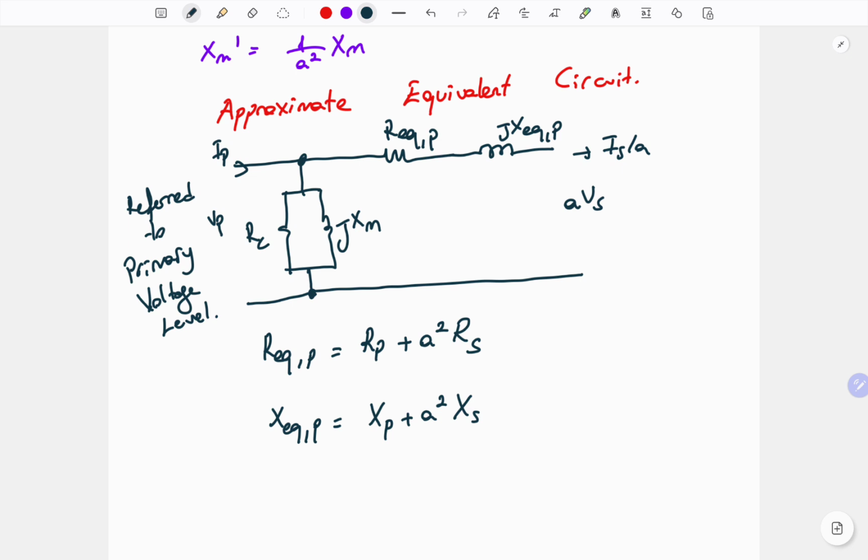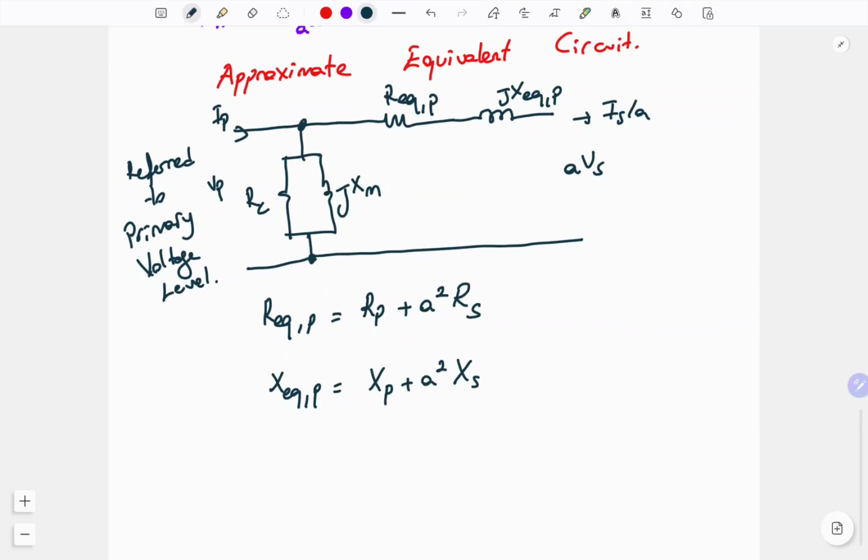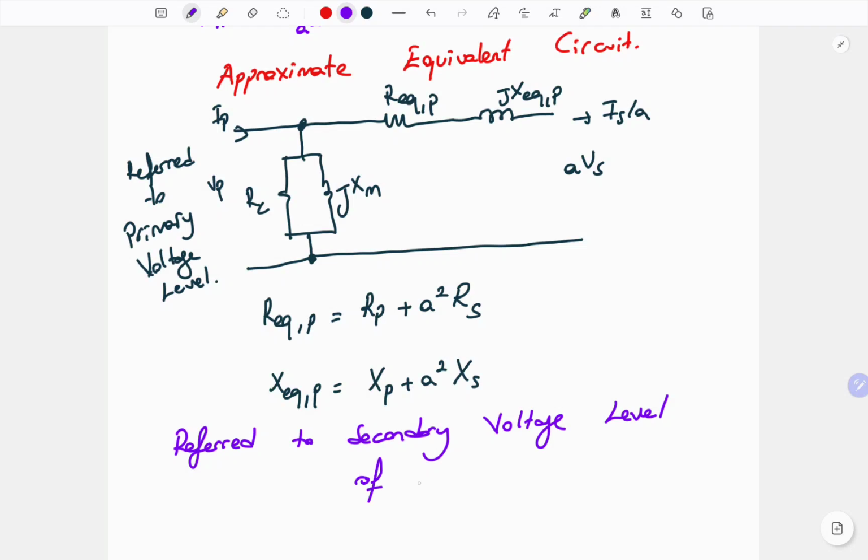And similarly, we can refer that circuit to the secondary side. So the next one, again we will refer to the secondary voltage level, and we are working on the approximate equivalent circuit.